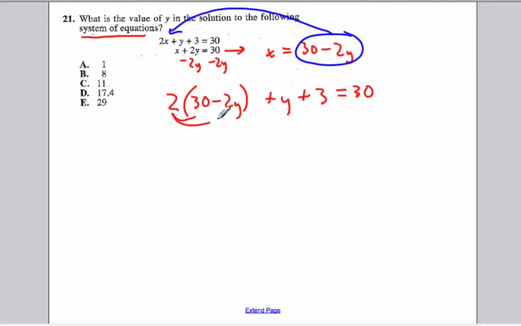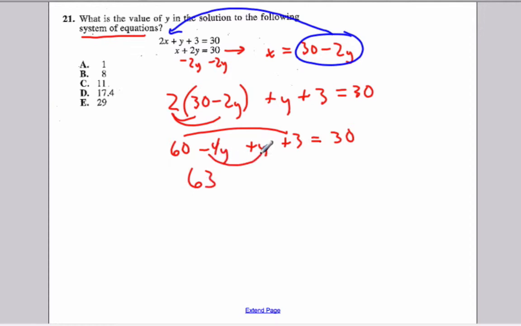Distribute this 2 through, so I get 60 minus 4y plus y plus 3 equals 30, and then combine your like terms. These two combine to give me 63, minus 4y and 1y, there's a 1 there, we just don't necessarily write it, gives me minus 3y is equal to 30 on the right hand side.